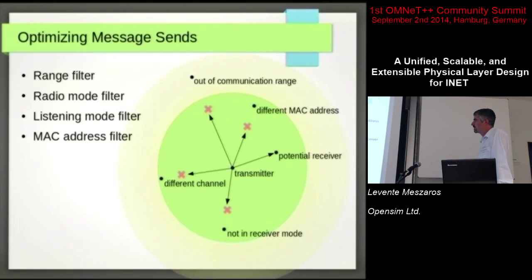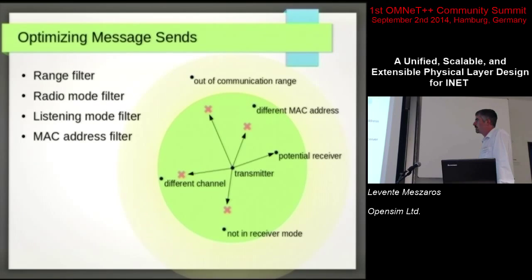Or there's another opportunity: if the radio is not in the receiver mode, of course it doesn't have to get the message, because it might be transmitting or it might be sleeping, depending on the MAC model. Or it can listen in a different mode on the channel, a different carrier frequency or different modulation, which means it's impossible to receive successfully that message, so it's really useless to send it to the radio.